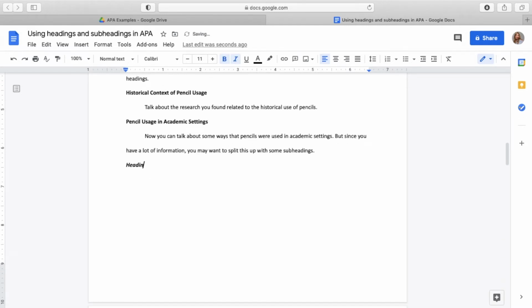Okay, heading level 3 is going to be flush left. It's basically heading level 2 but italicized. So flush left, title case, and then you're going to italicize it. And start your text underneath.